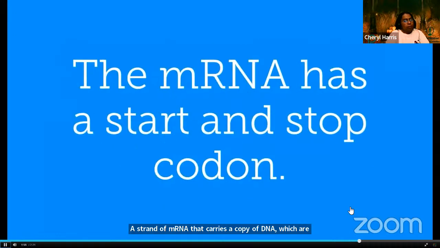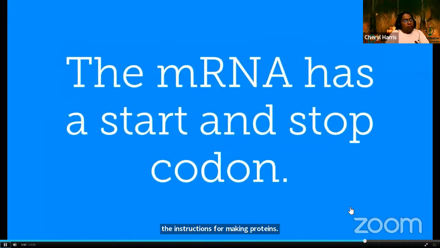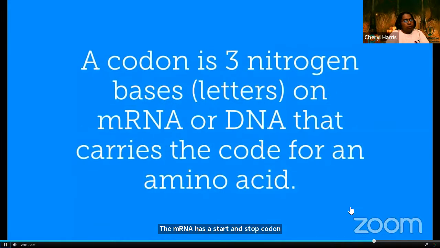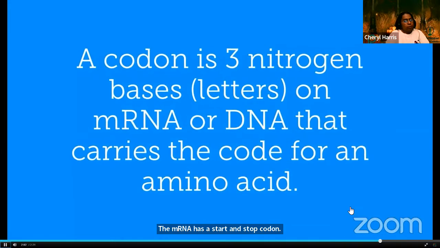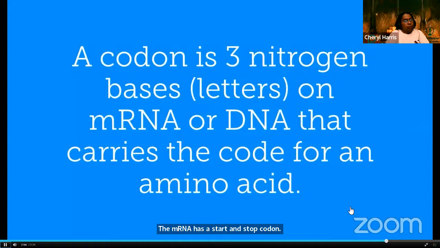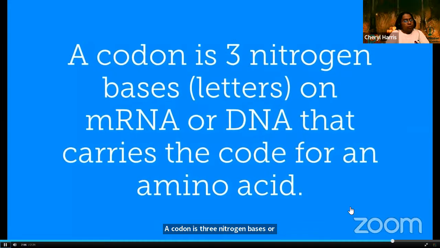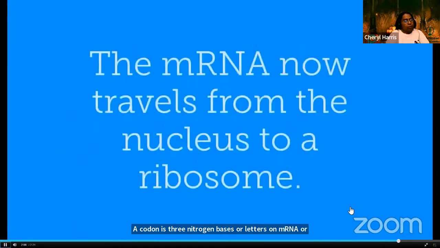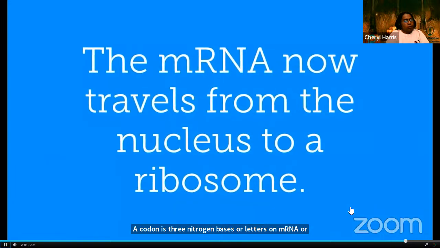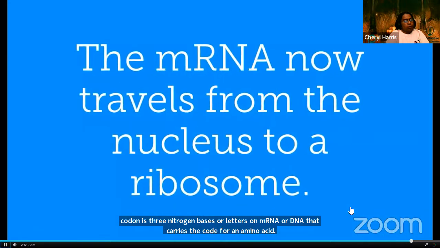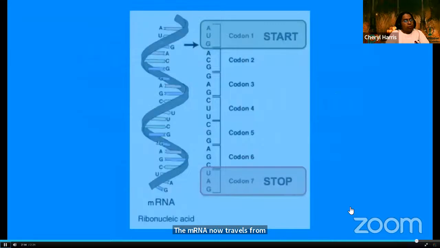The mRNA has a start and stop codon. A codon is 3 nitrogen bases or letters on mRNA or DNA that carries the code for an amino acid. The mRNA now travels from the nucleus to a ribosome.